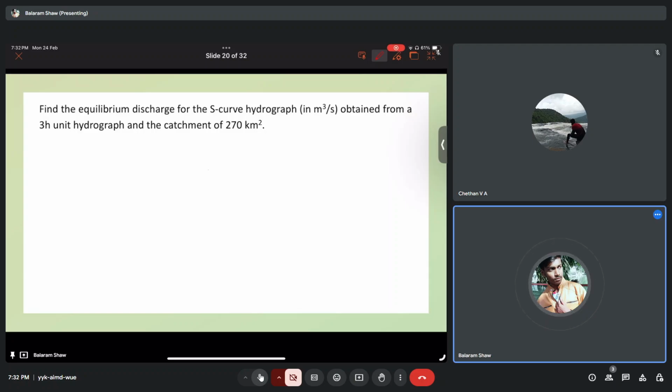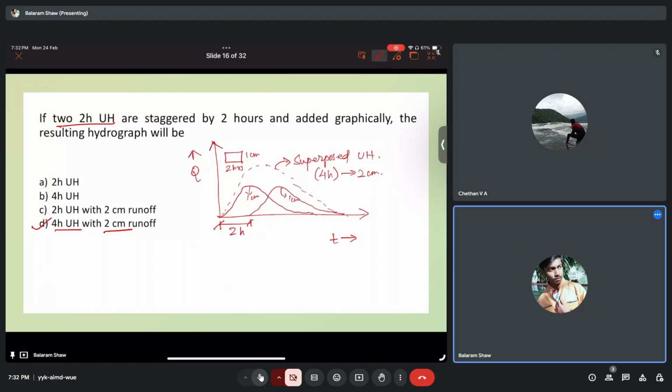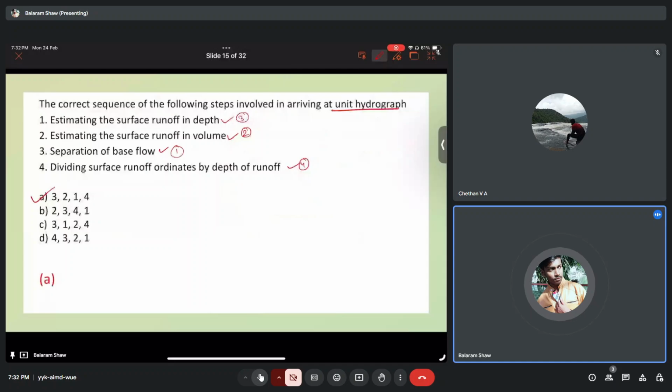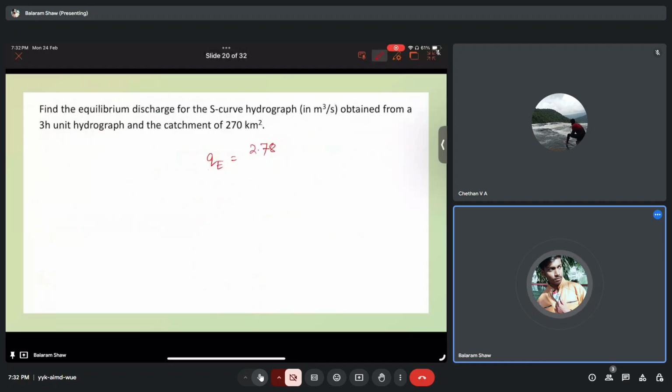The equilibrium discharge Q is equal to 2.78 into A by D, and you remember that A was in kilometer square and D should be in hours. You just need to use this 2.78.